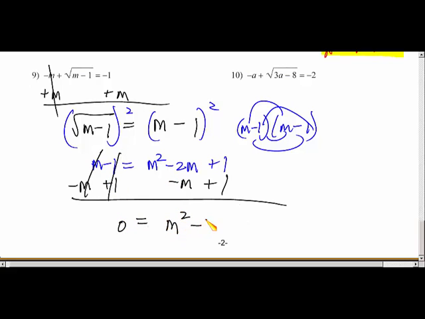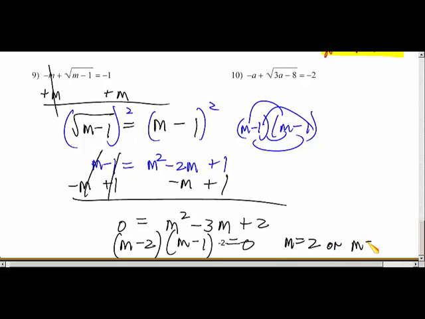That gives me something that I can solve by factoring. So that would be m minus 2 times m minus 1 equals 0, and that means m equals 2 or m equals 1.